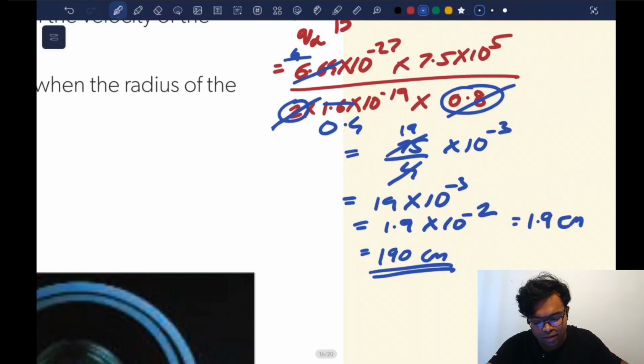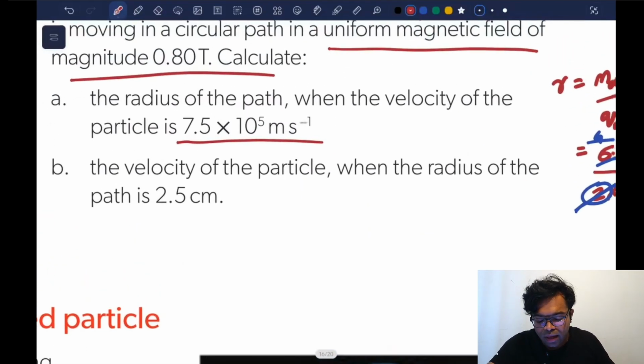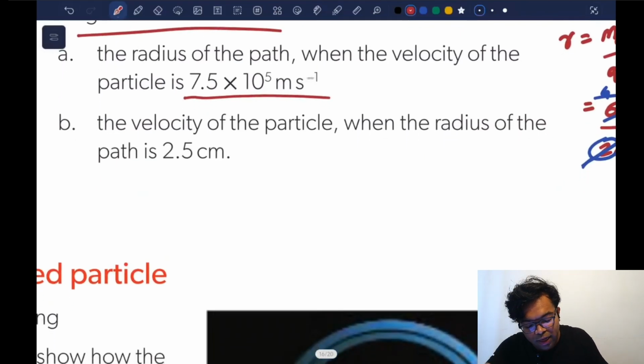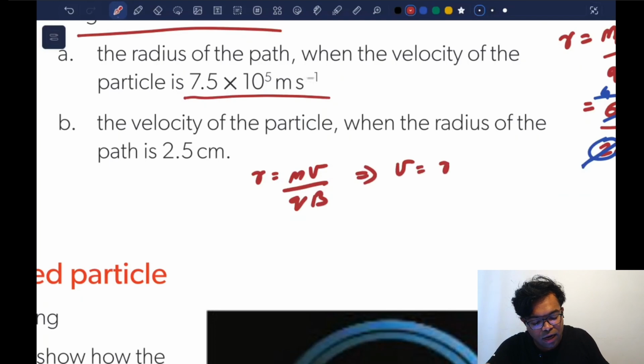I made a mistake. Okay, now the velocity of the particle when the radius of the path is 2.5 centimeters. Now we know that R is equal to mv upon qB. Therefore, v is equal to rqB upon m.